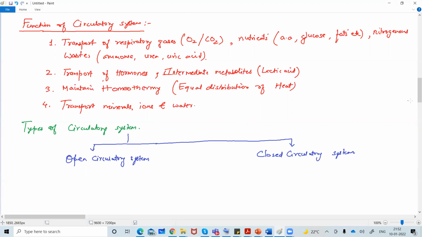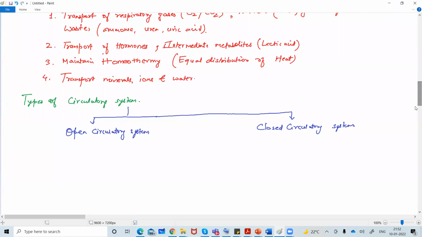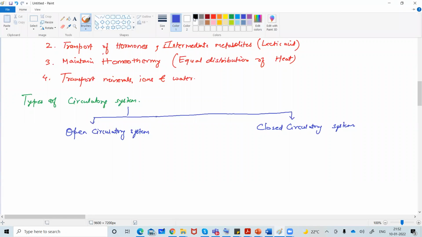As we say closed, that means the blood is flowing in a closed circuit. There is no leakage, right? When we say open circuit, that means blood is exposed to the air, and this is happening for the exchange of gases between the organism and the surroundings. So this open system will do the differentiation here only.